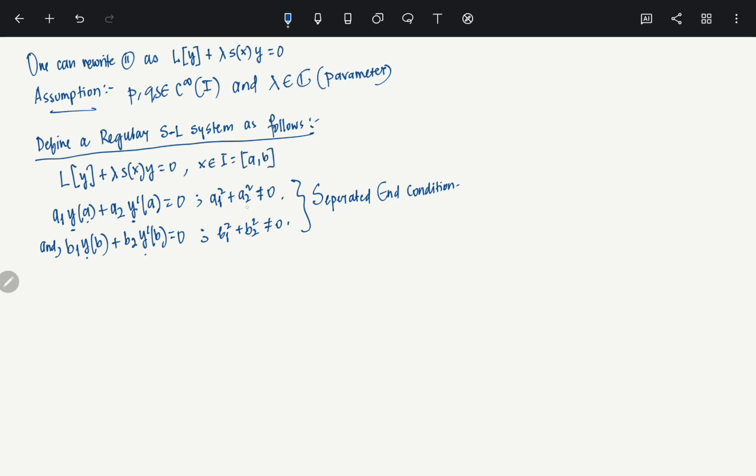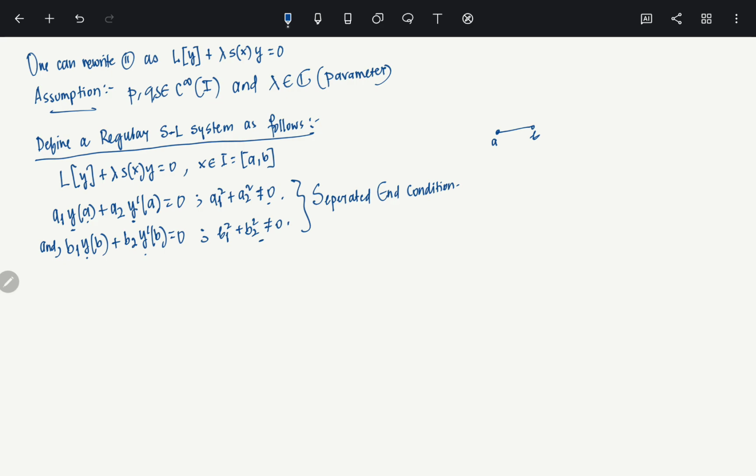Now what about A1 squared plus A2 squared not equal to 0 and B1 squared plus B2 squared not equal to 0? If A1 squared plus A2 squared equals 0, it means you do not have any condition, so the first condition becomes invalid. Similarly, if B1 and B2 are both 0, then the second condition is invalid. So we have to have information at both the point a and the point b, either on y or y prime or both.